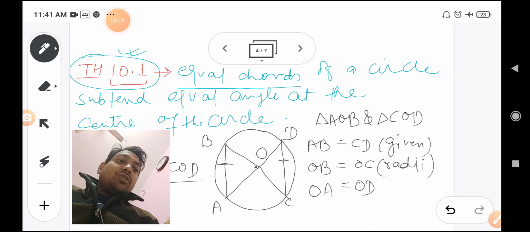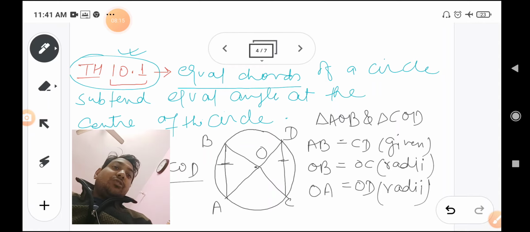These are also radii of the circle. So AB is equal to CD, this is given. OB equal to OC, these are the two radii, and AO equal to OD, this is also the two radii. Is it clear to everyone? So you can write.